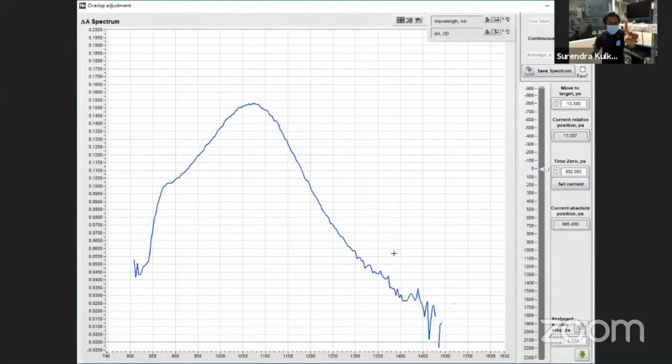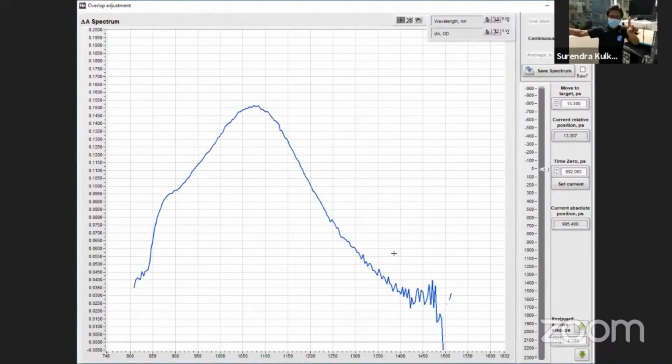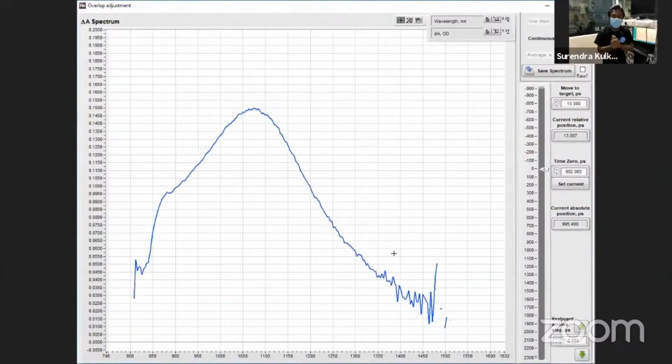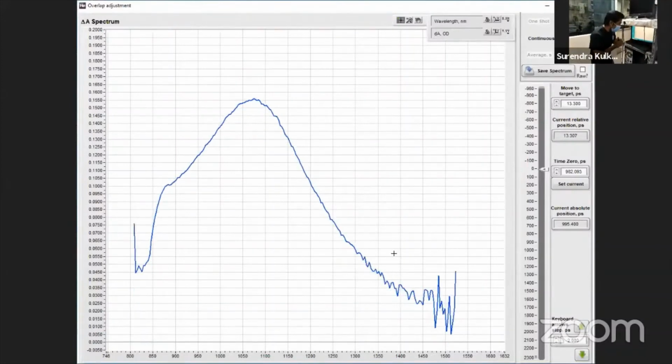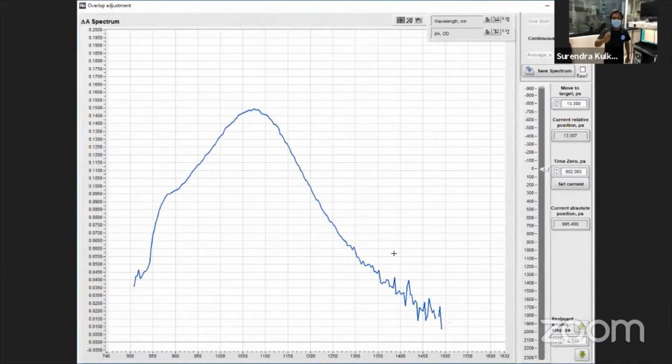One will start my reaction, and another will record my reaction after several times, on a spectrometer, because we cannot see this with bare eyes. These are the key ways to record this femtosecond reaction.